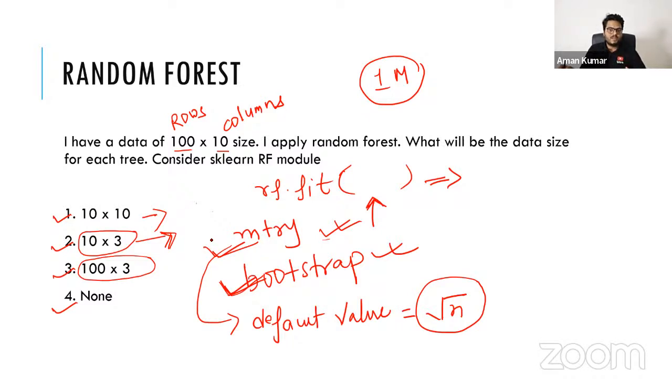So as per I remember, by default, this mtry is under root n, okay? And I may be wrong, but as per my memory, this bootstrap is by default true, okay?